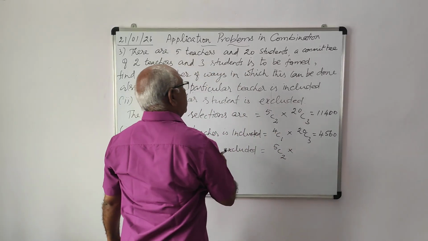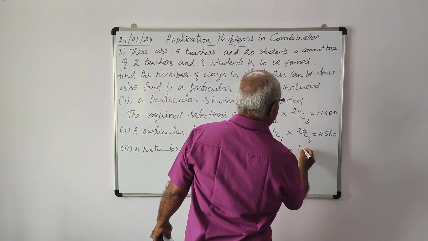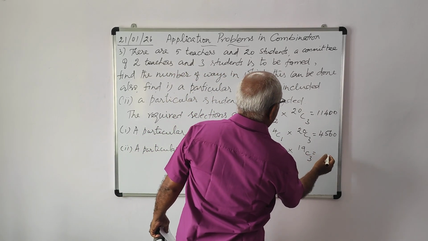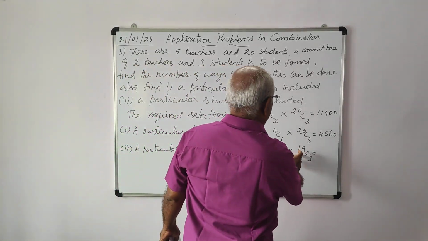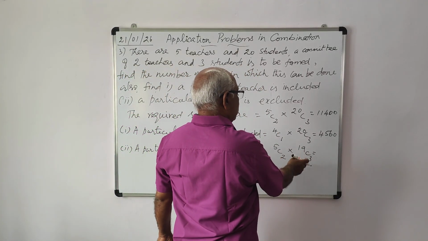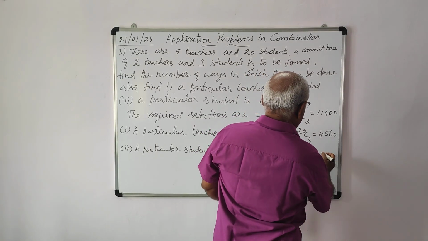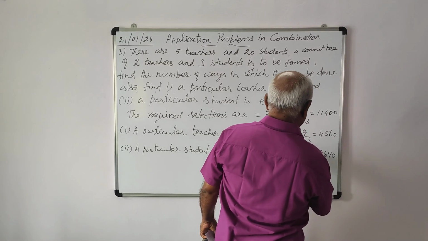But among the students, out of 20, 1 student should be excluded. Therefore, you have the remaining 19 students, from which you have to select the 3 students. In this case, after simplification, you will get 9,690 selections.